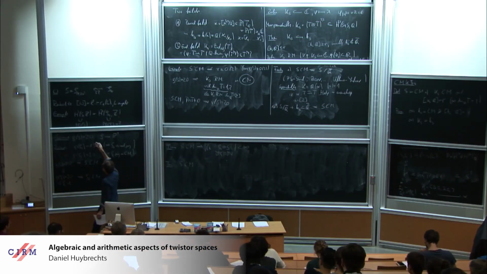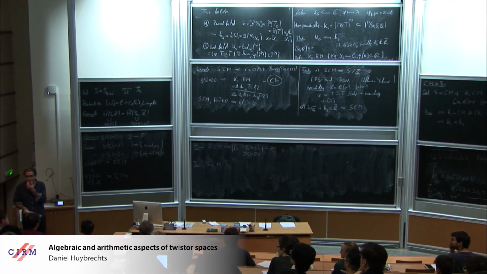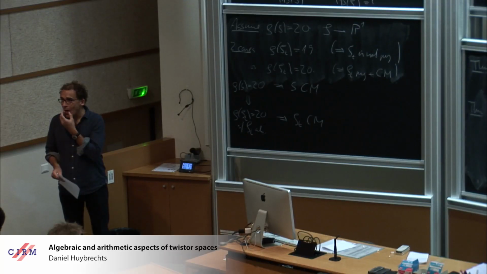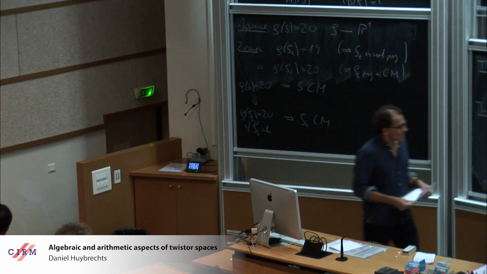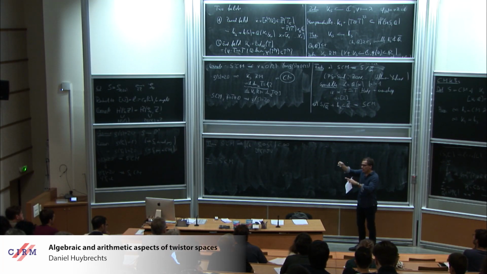So it could be Picard number 20, but then the result is, when you get this twistor family, yes, it's a holomorphic map to the moduli space. And so, isn't it obvious that the fiber is finite or just the whole? No, no, the picture is more complicated. So if you look, first of all, there's no moduli space, but it's an interesting question.